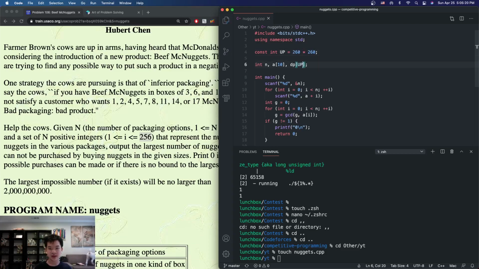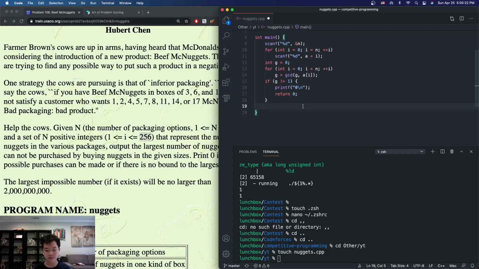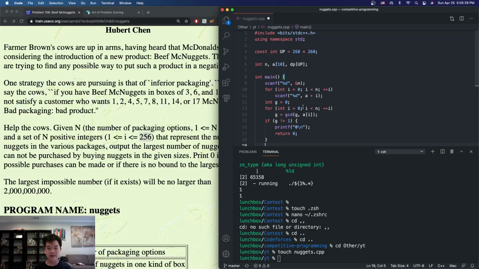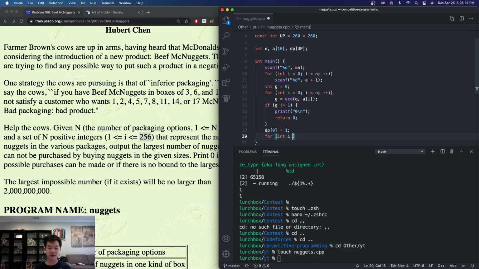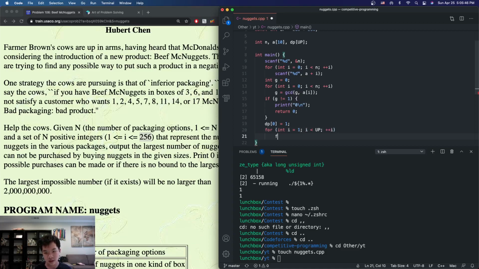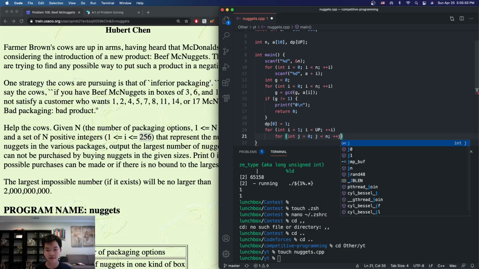So over here, you know that you can make a sum of 0 with nothing. Then you just loop from 1 to up. Then we're going to loop through each element that we have.